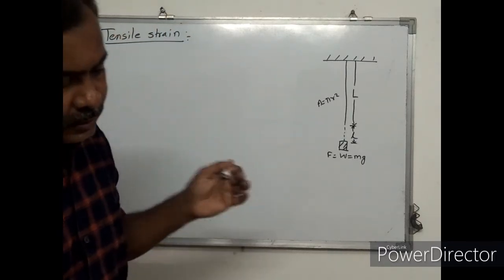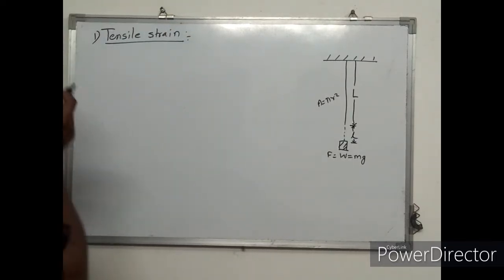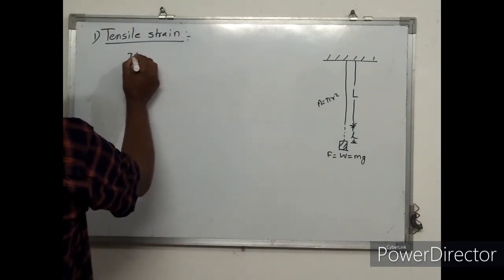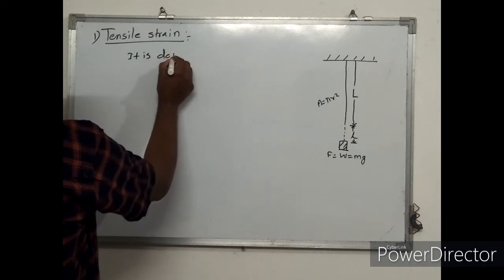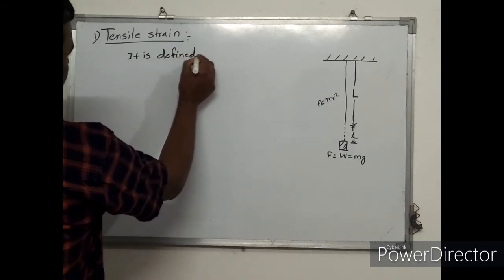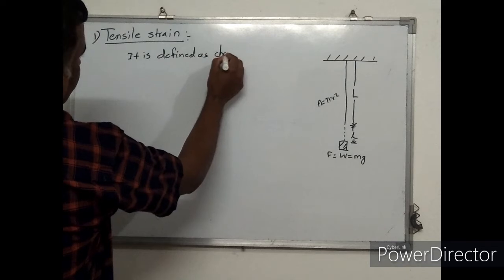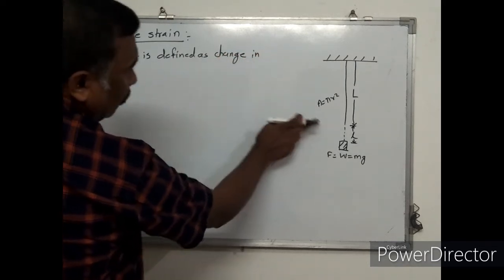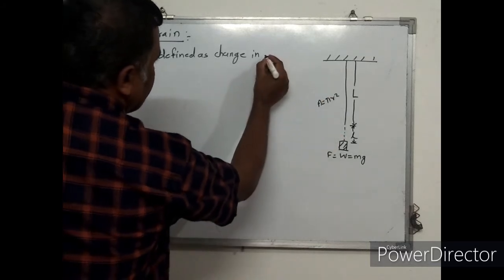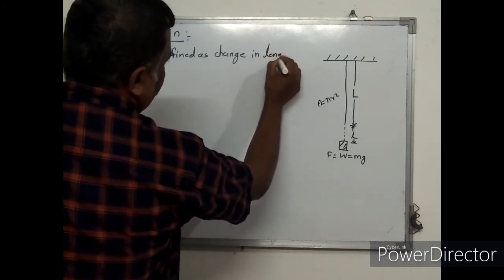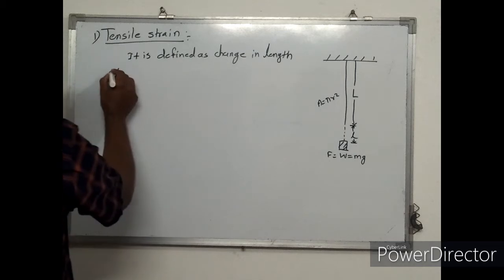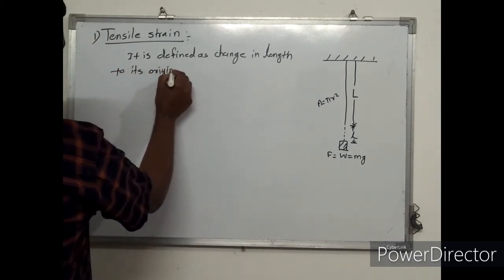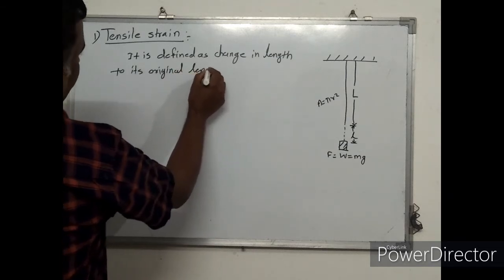Then the definition of tensile strain is, it is defined as change in length to its original length of wire.